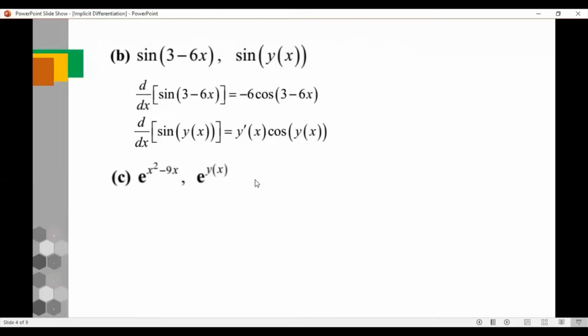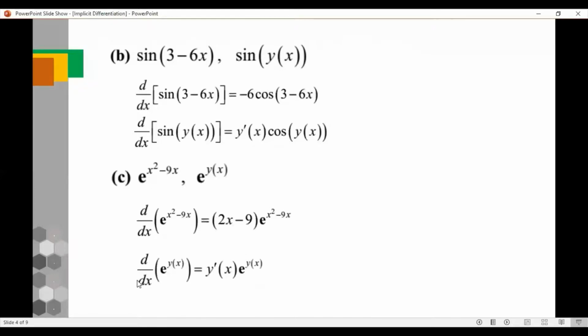Letter C. The derivative of e to the x squared minus 9x, and e to the y of x. The derivative of e to the x squared minus 9x is: you copy e to the x squared minus 9x, times the derivative of x squared minus 9x, which is 2x minus 9.